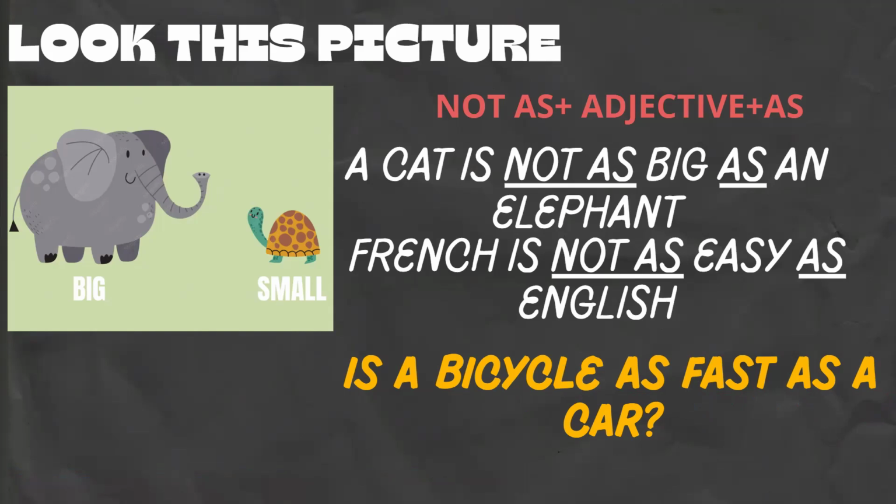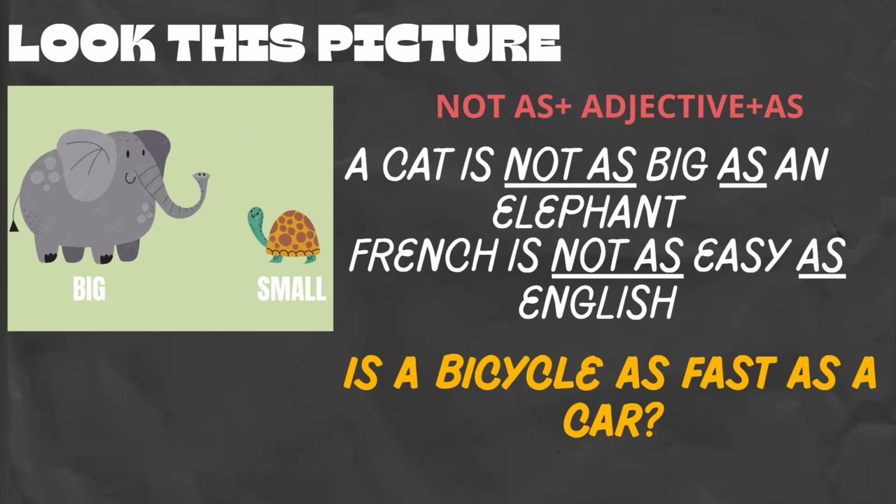Well, I think the answer is: a bicycle is not as fast as a car. Yes, you're right. Randall, do you agree? I think it is necessary also the verb to be.